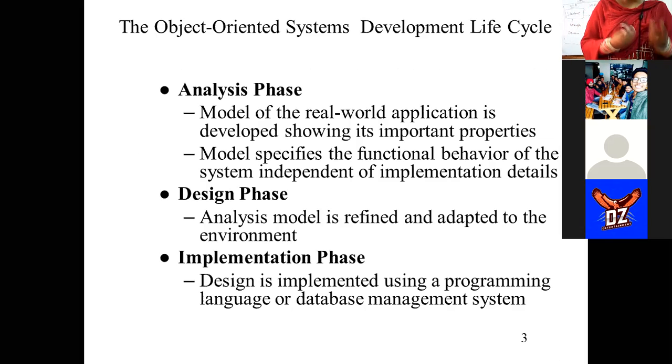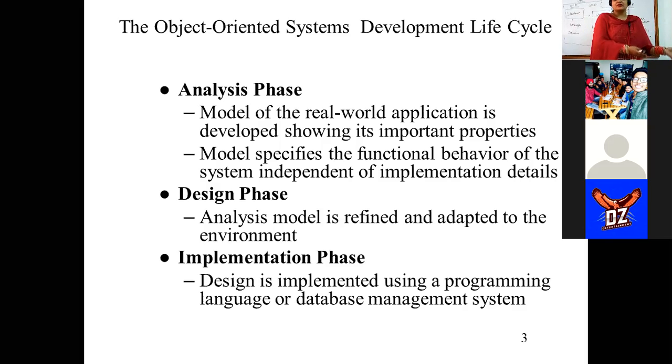Models specify the functional behavior of the system independent of implementation detail. After doing analysis, the model is refined and adapted to the environment, and that is called the design phase. And after doing design, we move towards the implementation phase.